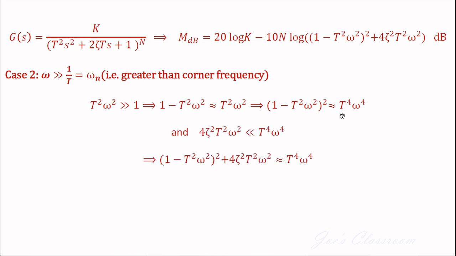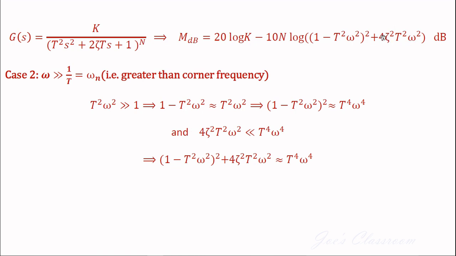Because of this zeta square, this other term is going to be smaller when compared to t power 4 omega power 4. Therefore, in such a case, I can omit this term also.